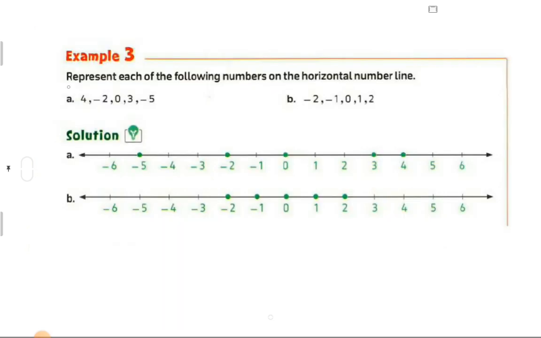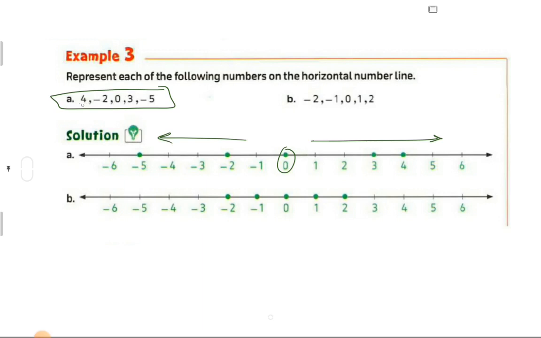Example number 3. Represent each of the following numbers on a horizontal number line. Group A: 4, -2, 0, 3, and -5. If we draw this horizontal number line and put 0 here, here we have the positive and here the negative.